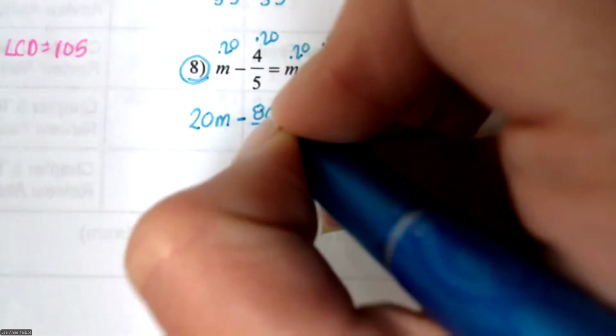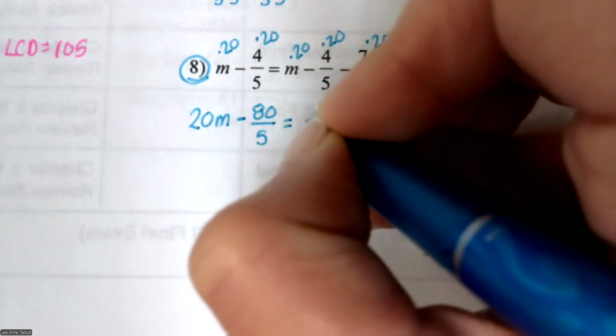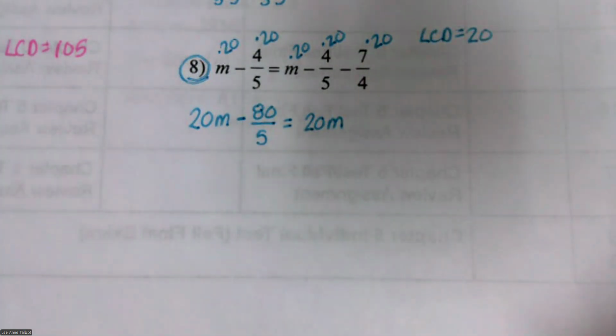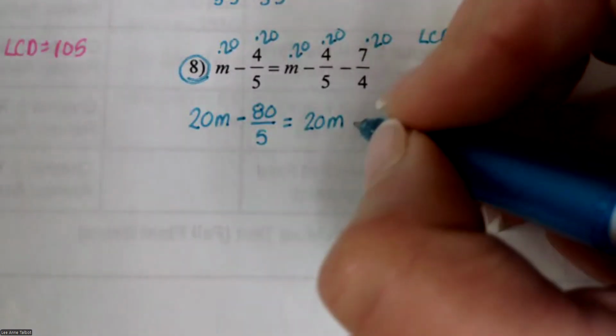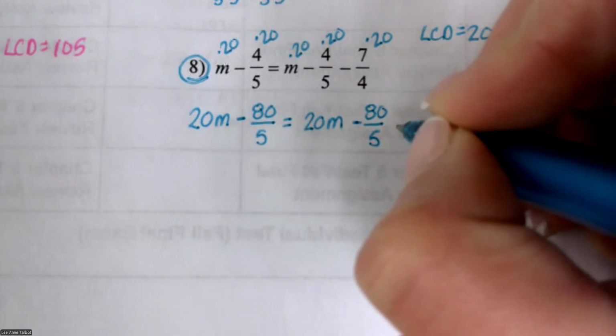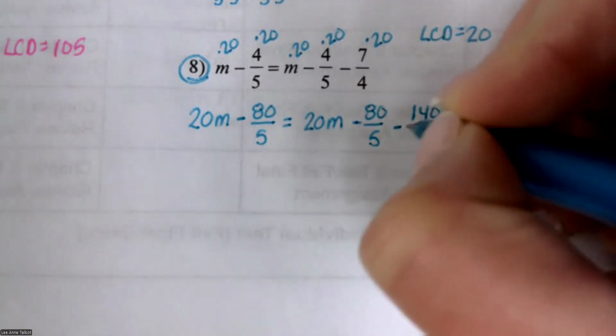20m minus 80 over 5 equals 20. Oh no. It's gonna have a bad answer. I can already tell. Okay. Minus 80 over 5 minus 140 over 4.